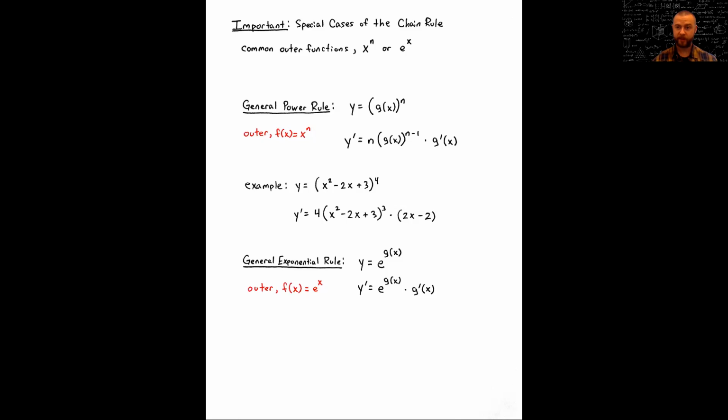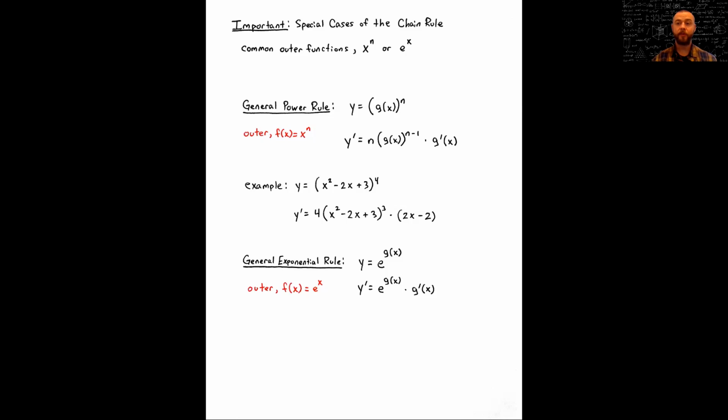Okay, now we apply the chain rule, differentiate e to the x, the outer function. The derivative of e to the x is itself. If you plug g of x into that, for f prime of g of x, you get your original function. f prime of g of x is just e raised to the g of x.